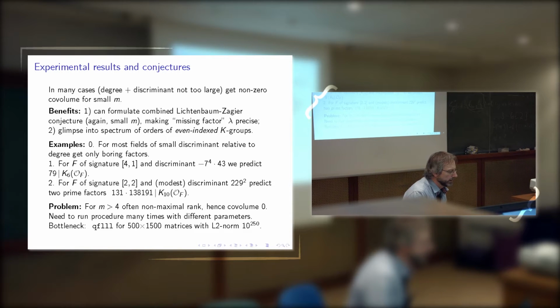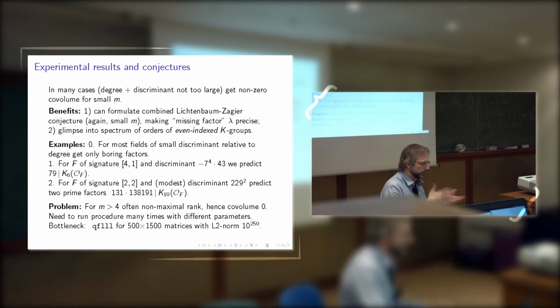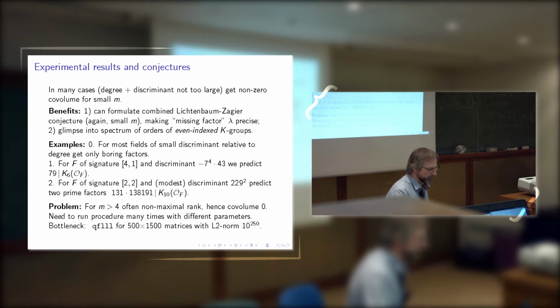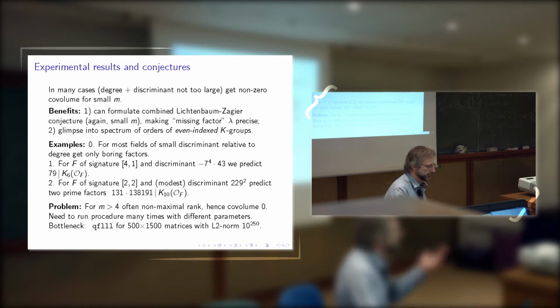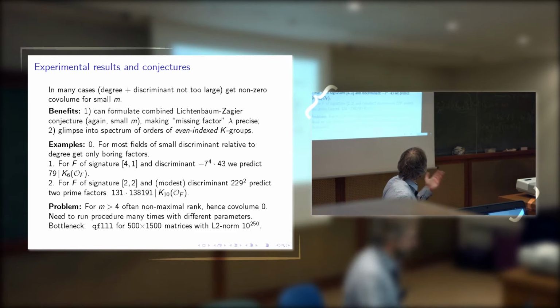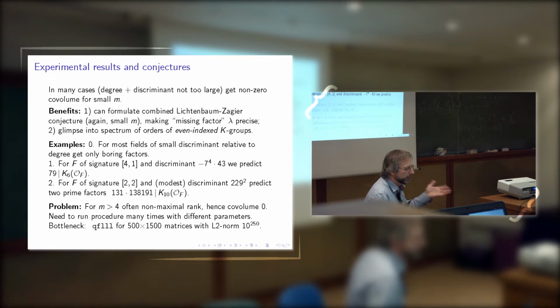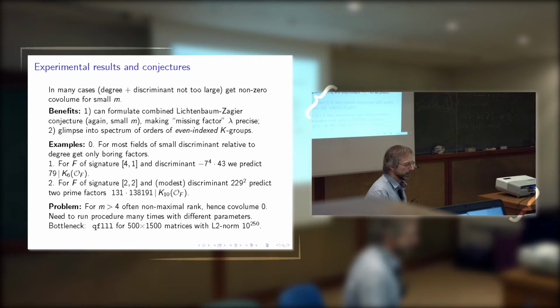In most cases, small discriminant, degree up to, say, 8, we get mostly boring factors like powers of 2, powers of 3, just small ones. But then eventually, on and off, you find nice prime factors. For instance, here we have a field of signature (4,1), and a rather small discriminant, and a factor 79.